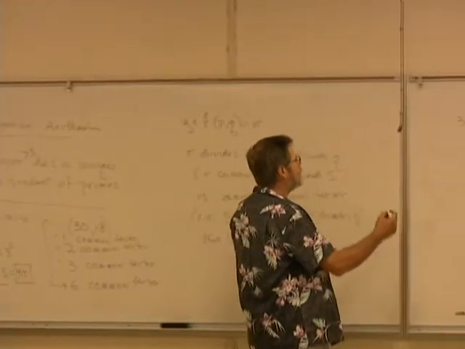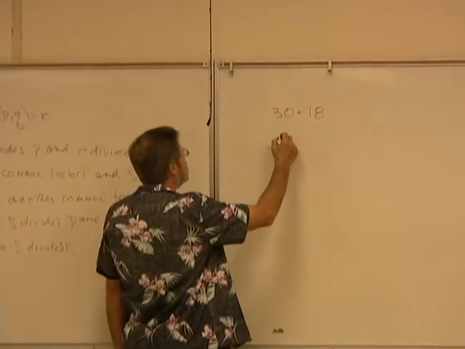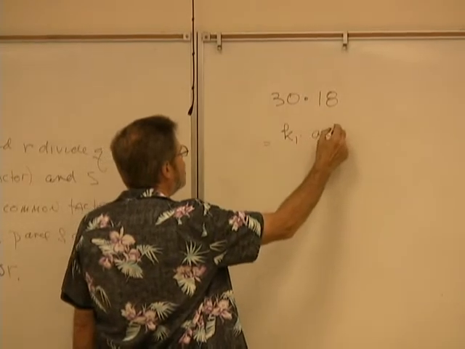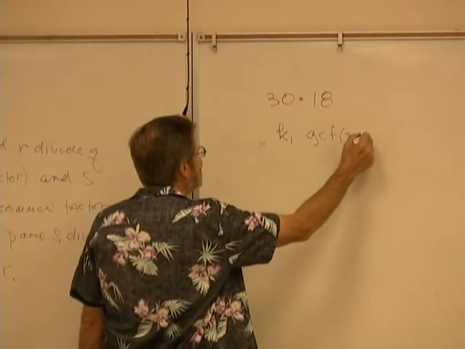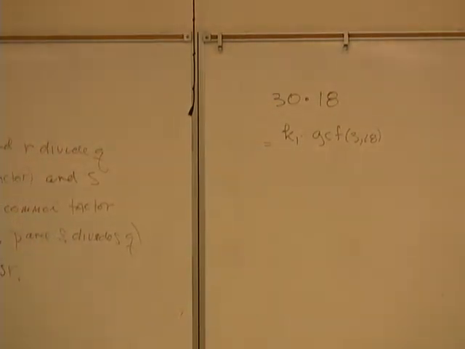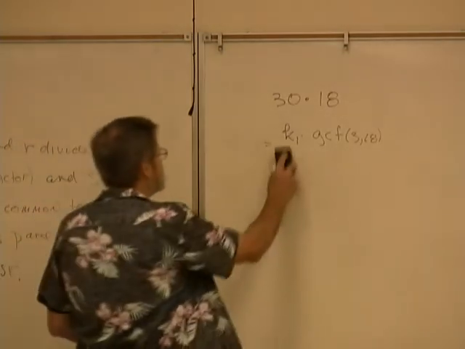Notice I can take 30, or any number here, and write it as, say, K1 times the greatest common factor of 30 and 18. The greatest common factor of 30 and 18 divides 30 and leaves something else left over. In this case, this is K1.